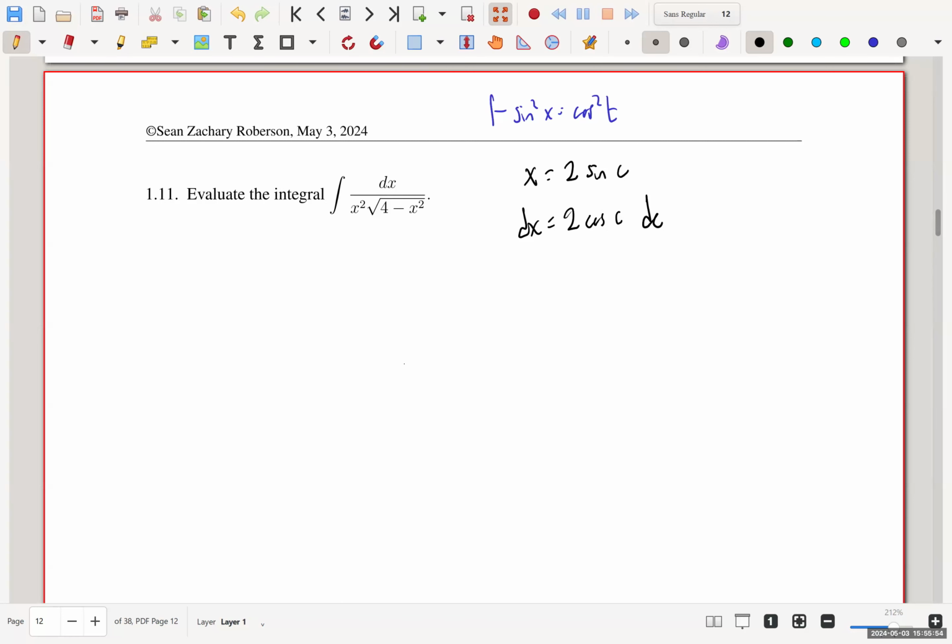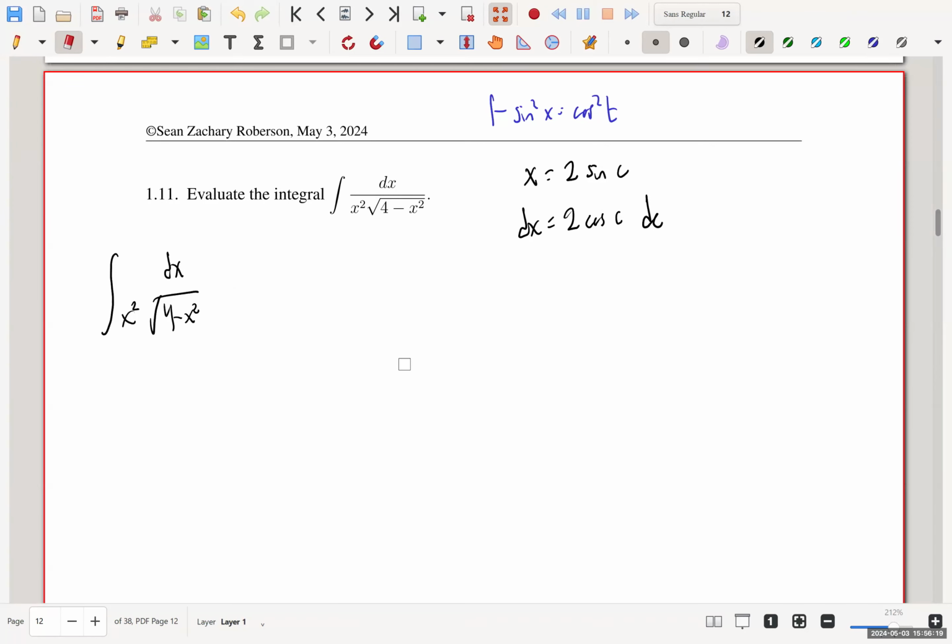Okay. Now we're going to go ahead and plug stuff in. Let's actually write everything down so I don't mess up again, for the benefit of everyone. Or I may just scrap this recording entirely. So we have this integral. And now I'm just going to go ahead and replace stuff.